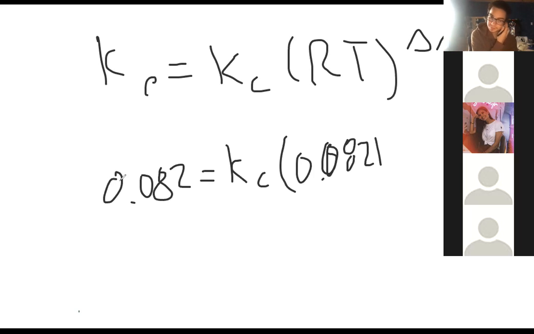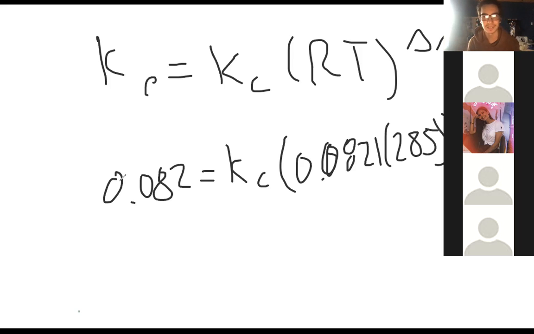What is our temperature? Are we going to use 12 or what are we going to use? Convert to Kelvin. So we have to convert to Kelvin, which is 285, or 285.15 if you want to be more specific. And delta n.